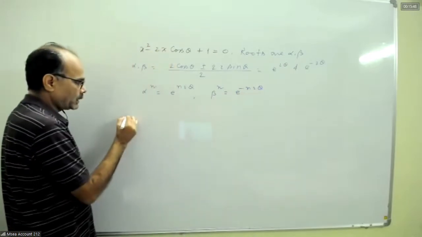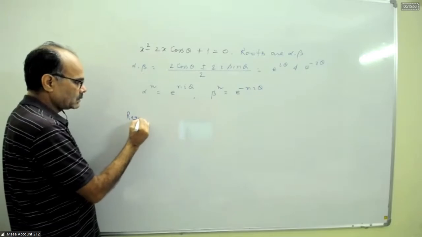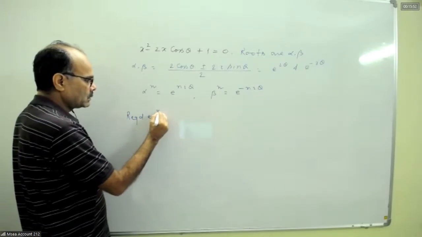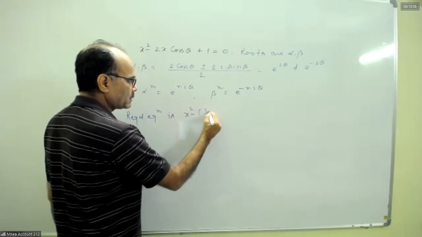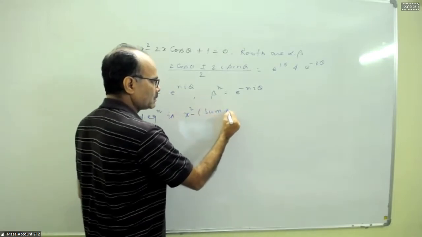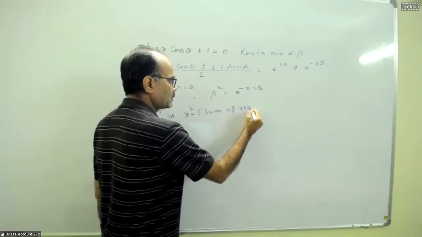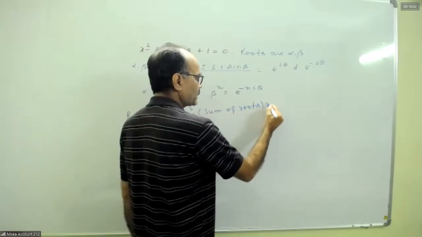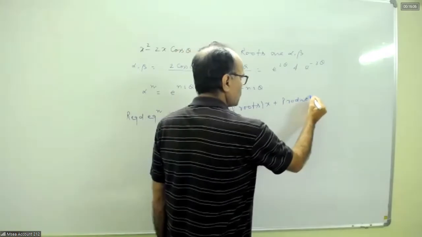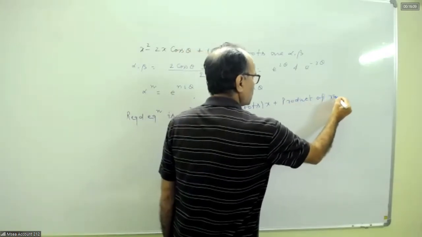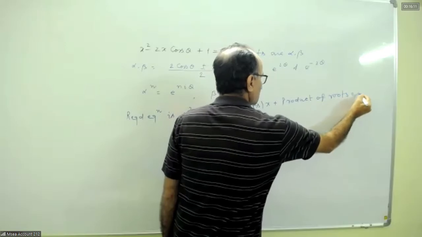So the required equation is x square minus sum of the roots into x plus product of roots equal to 0.